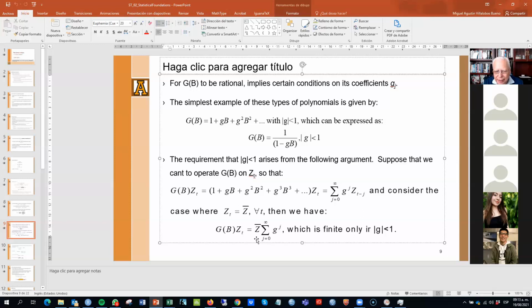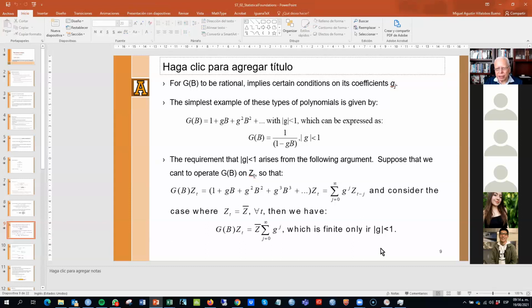This has to be finite, so this sum has to converge, and this will converge when the absolute value of G is less than 1. If it's greater than 1, it will not converge, and I will not have a finite mean for that series. That's the reason behind that, which is actually based on difference equation theory.